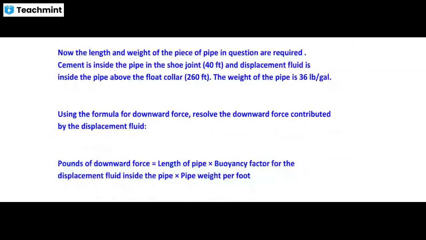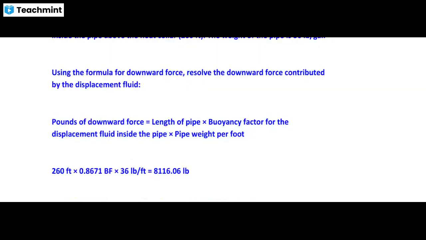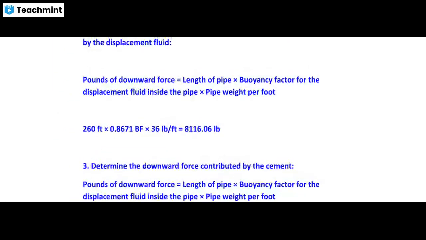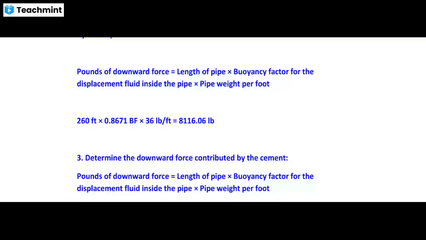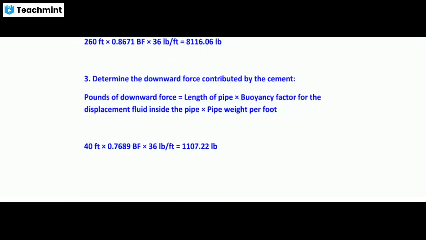Using the formula, pounds of downward force equals length of pipe times buoyancy factor for the displacement fluid inside the pipe times pipe weight per foot. So you will get 8116.6 lb.